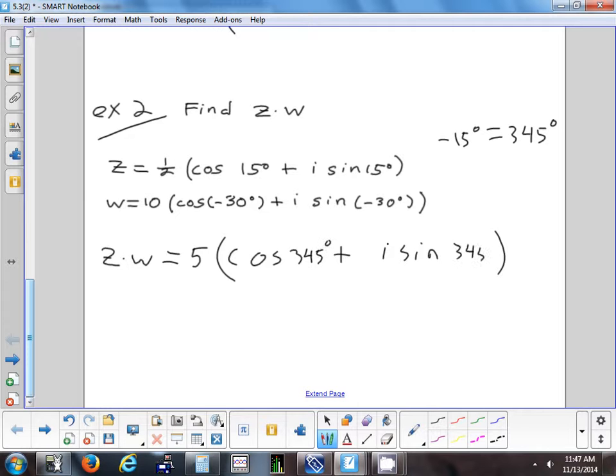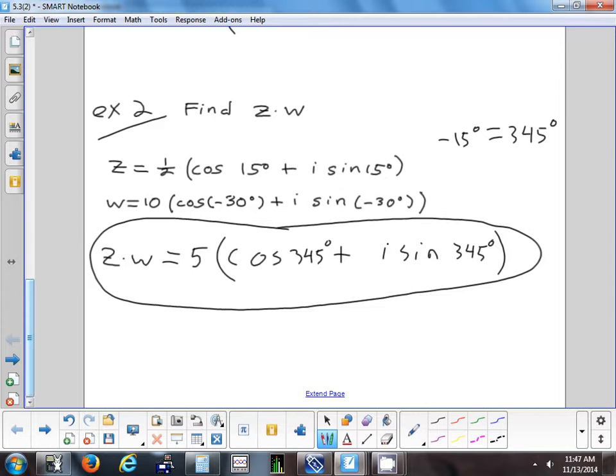That's not the only way to make the angle positive, but it is the way that I'm showing you how to do it, and that's fine for what we're doing. Okay, 5 cosine 345 plus i sine 345. And you're done. Any question on multiplying?